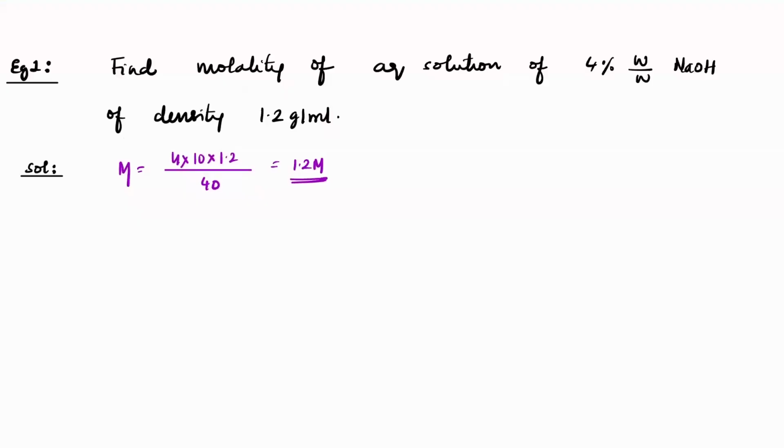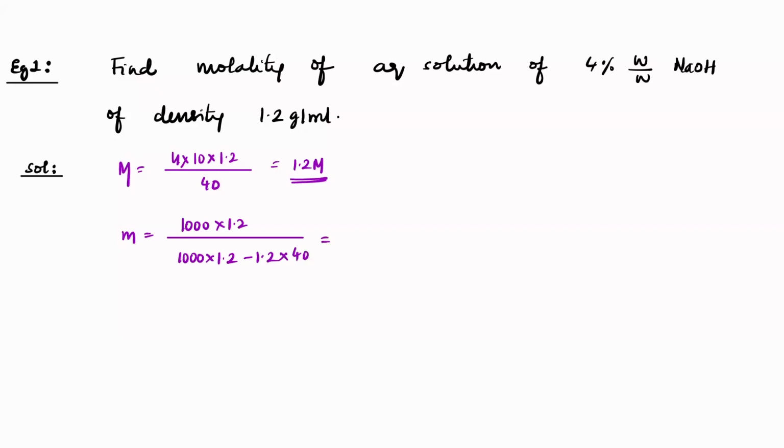Okay. Molarity is given, density is given. So let us use that M here. So molality is equal to 1000 times of molarity divided by 1000 times of density minus molarity into molecular weight of the solute, which is 40.